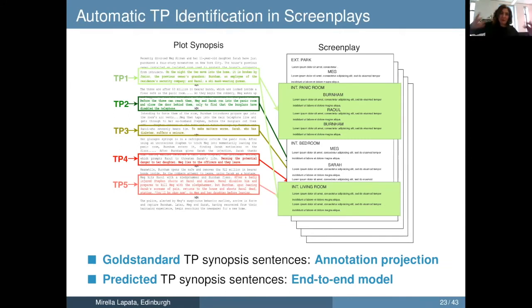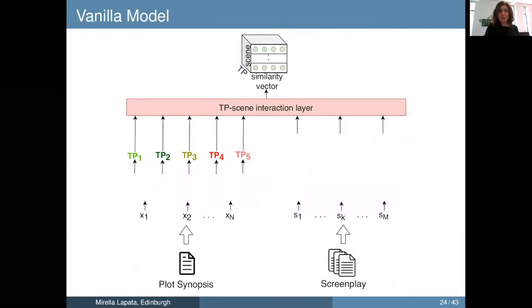So I start with my synopsis, I predict the turning points, and then I have to find these scenes in the screenplay that represent these turning points. If I find these scenes, I will just project the label and assume that if the turning point in the synopsis is similar to a scene in the screenplay, then the screenplay bears the same label. So it's a bit reminiscent of annotation projection.